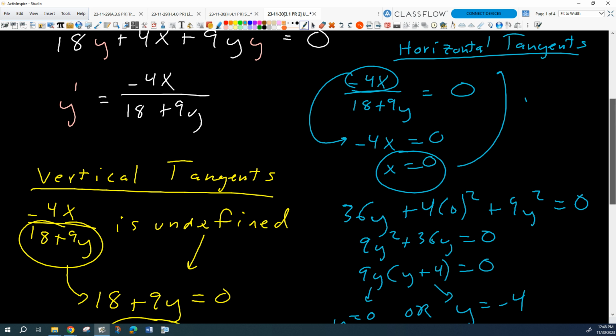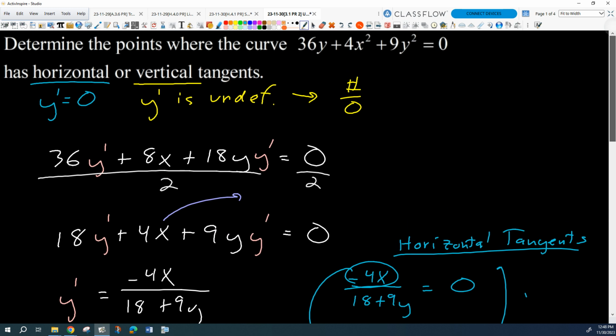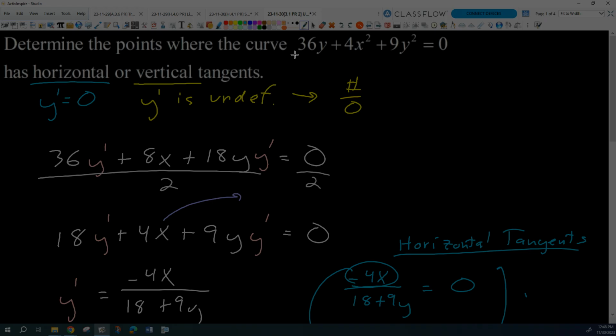What about vertical tangents? Got to do the same thing. We've got to take this equation and plug in y equals, what was it, -2?